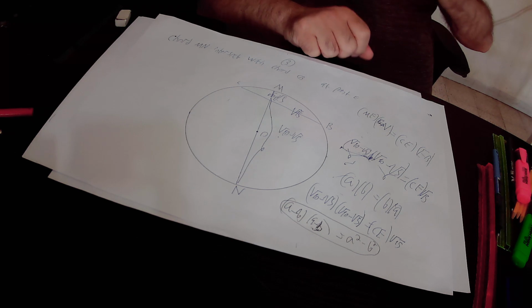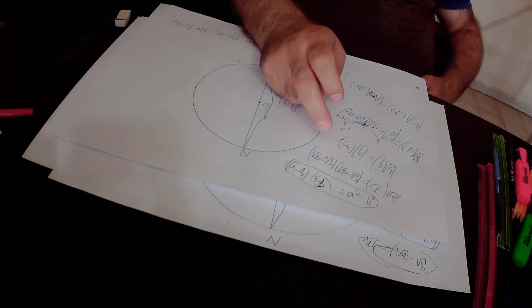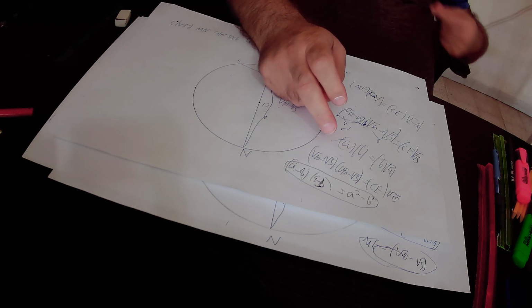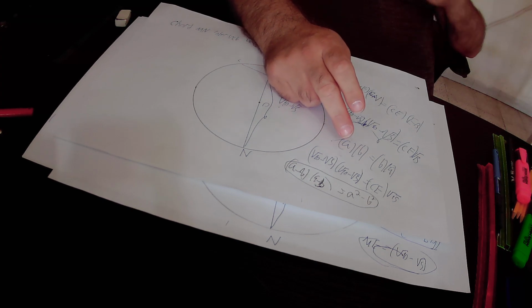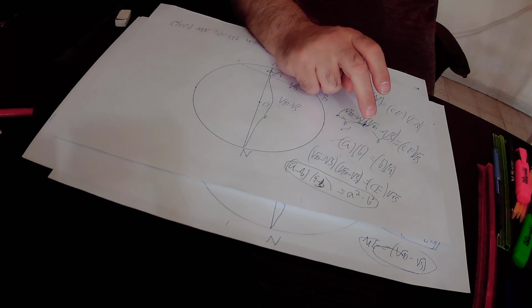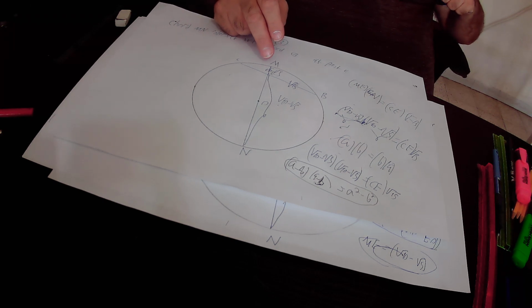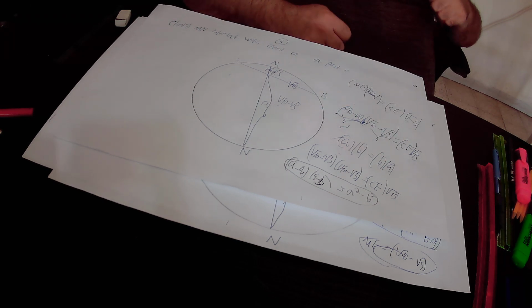So we got here square root of 10 plus square root of 5 times square root of 10 minus square root of 5 equals CE, the missing line segment, times square root of 15.